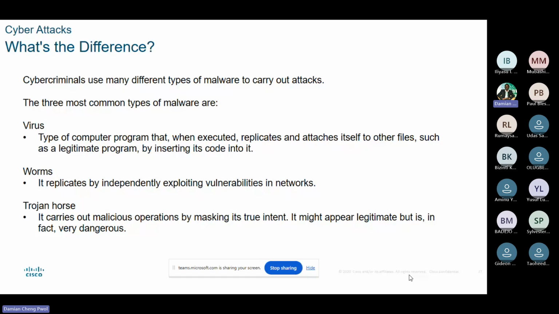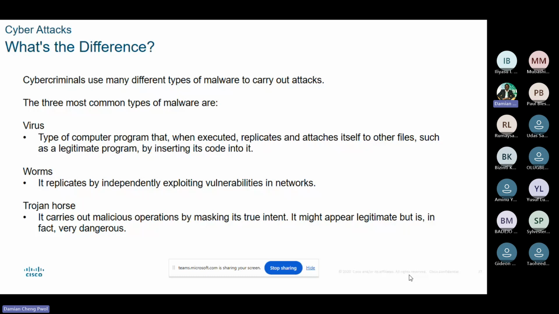A virus is a type of computer program that, when executed, replicates and attaches itself to other files, such as a legitimate program, by inserting its code into it. You can have a picture, which is a file, maybe in JPEG, JPG, PNG, or GIF format.